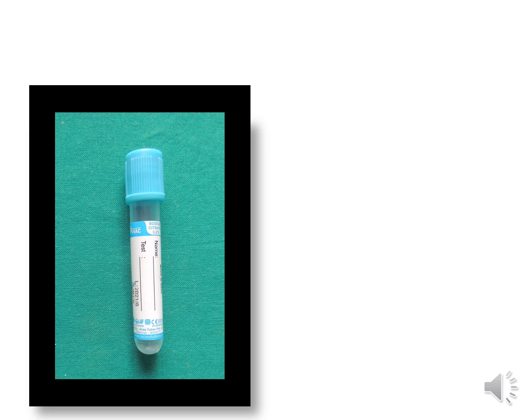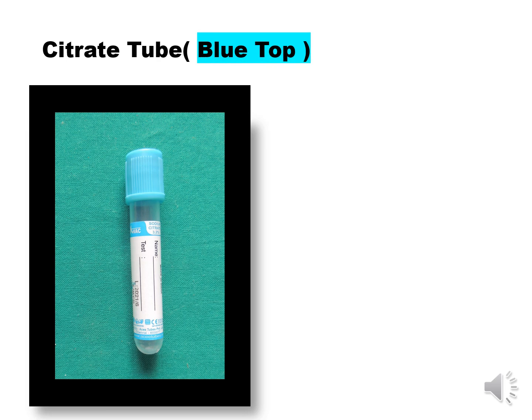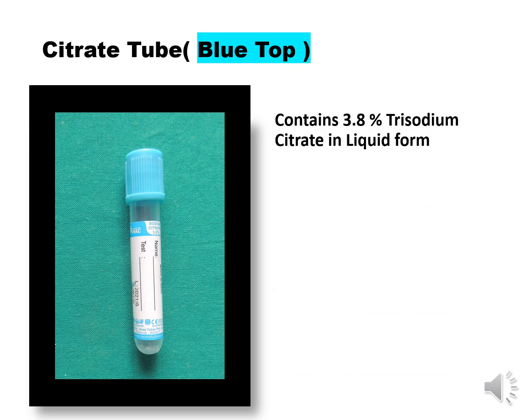Now this one is a vacutainer or tube having a blue top. This is a citrate tube. The citrate tube contains 3.8% trisodium citrate in liquid form.